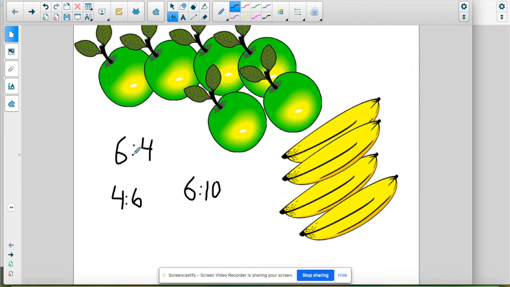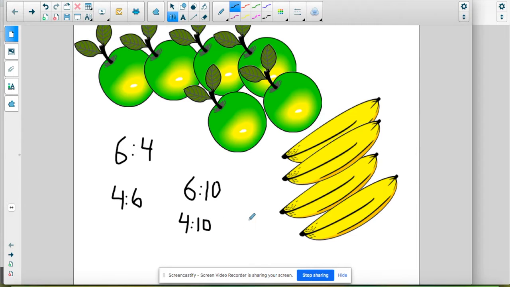So this is part to part, but this one is part to whole. So if I were going to compare bananas to fruit, it would be 4 to 10. Notice it's just two little dots, and I am trying to write with my mouse, so if it's not super neat, that's why.